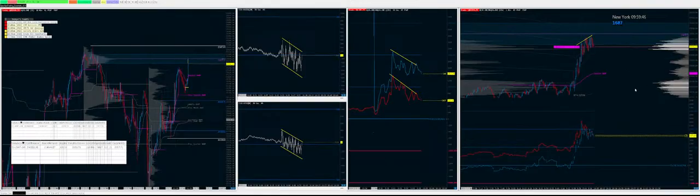Don't force it. Personally, I'm waiting for us to get back down to delta neutral to reinitiate a new long. But let's see if this goes someplace here, just based on these divergences that we're seeing.